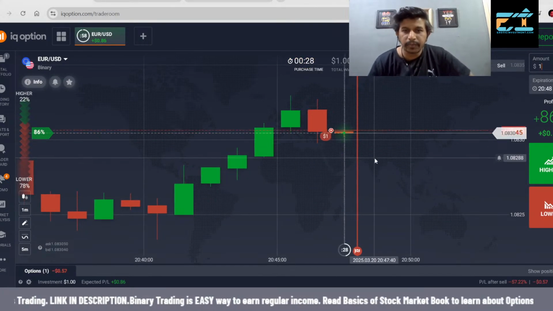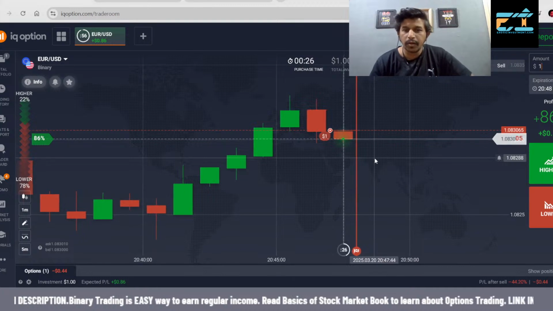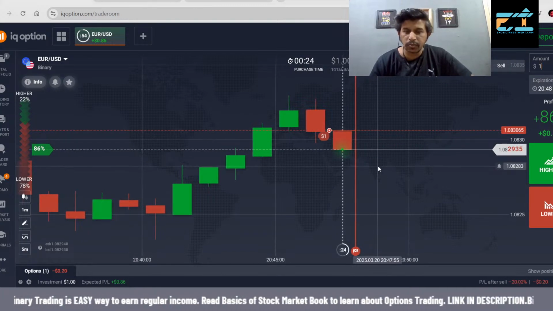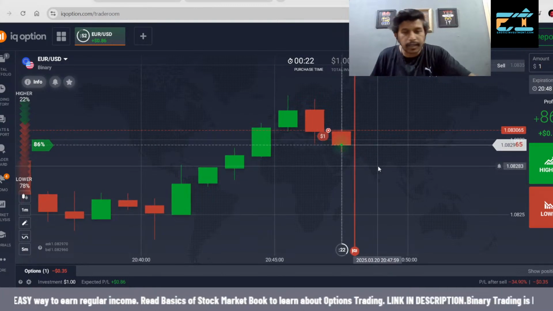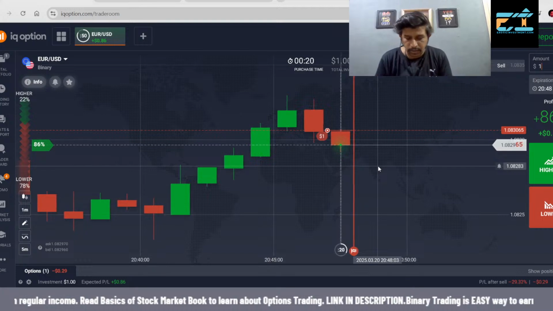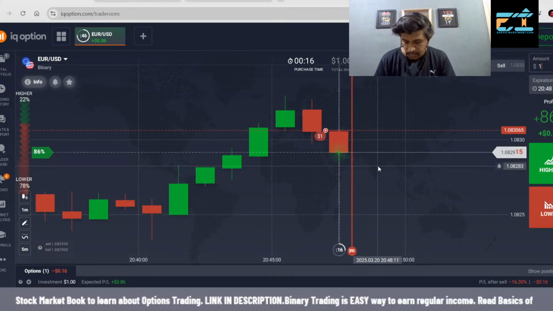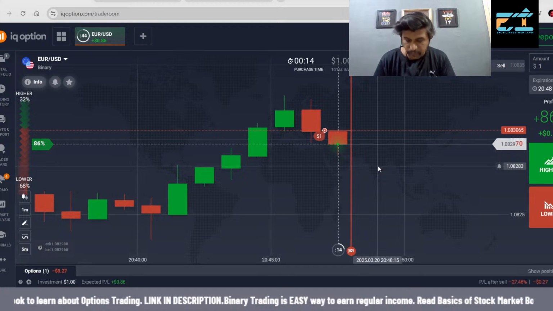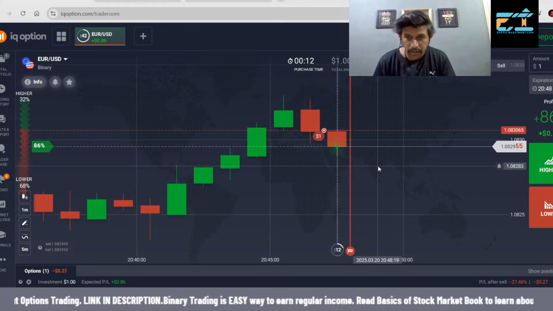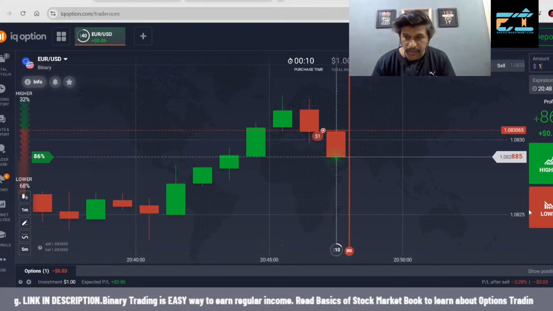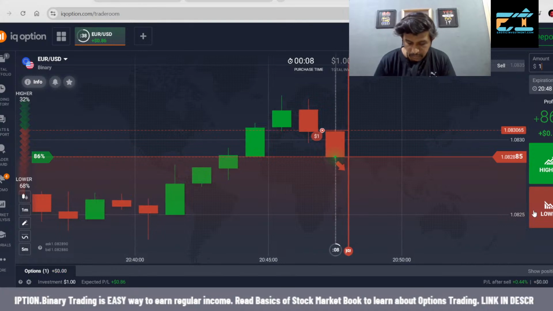We have a trend break. Now there is a trade for us. So we have taken the red trade, which means that we are following the trend break. Okay, so let's wait for it to close in red, or else after 30 seconds it will give me option 2.